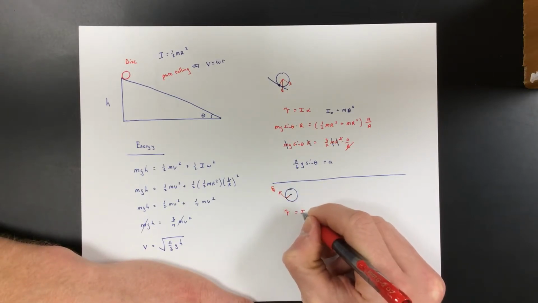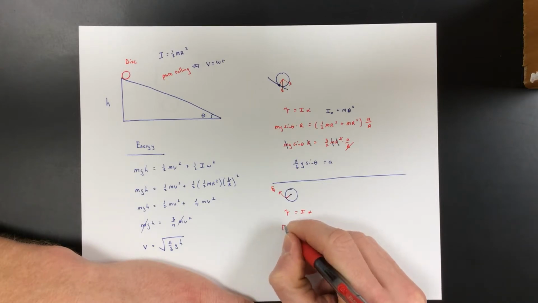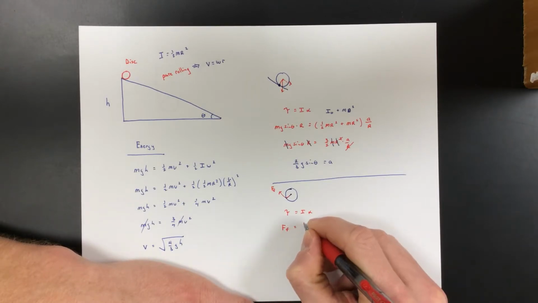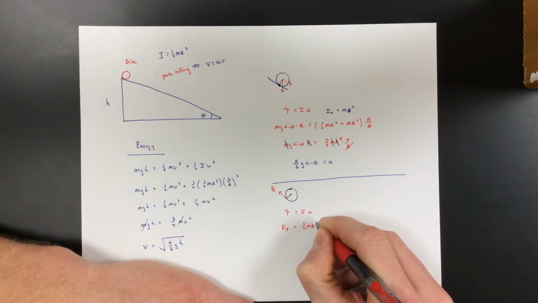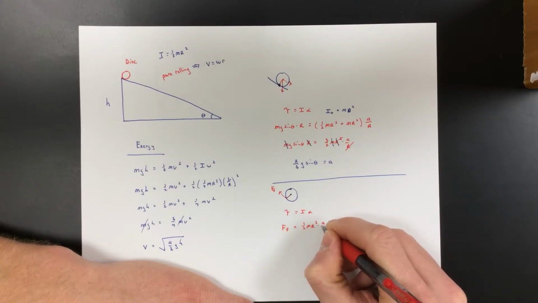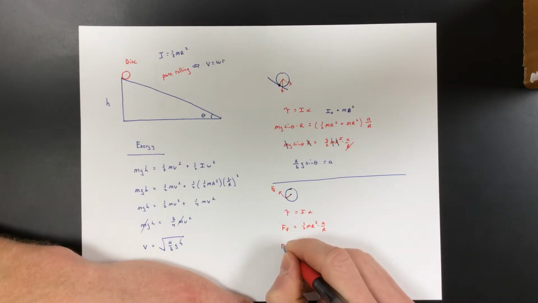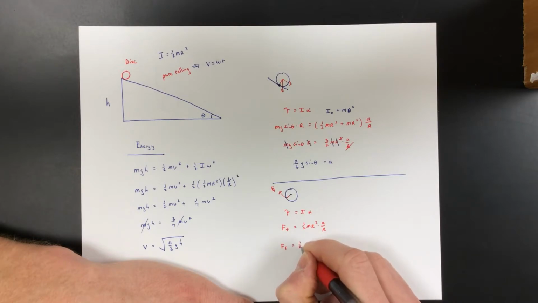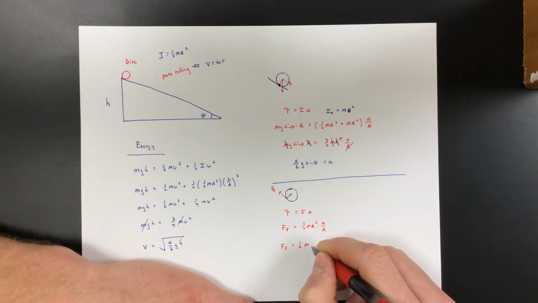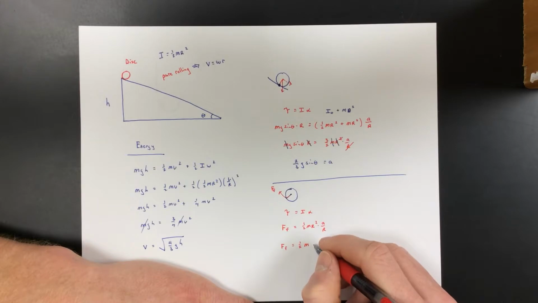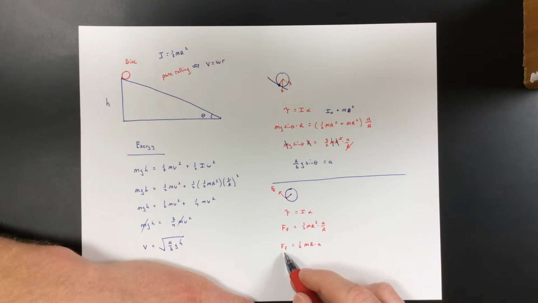So we say torque equals I alpha. The torque is just the force of friction equals I, and it's pivoted in its center, so it's just 1/2 mr squared times a over r. So we get that the force of friction equals 1/2 mr times a. Now, we can't do anything with this because we don't want the acceleration in terms of the force of friction.